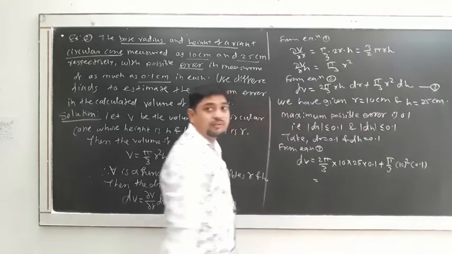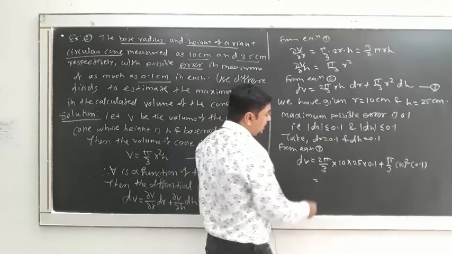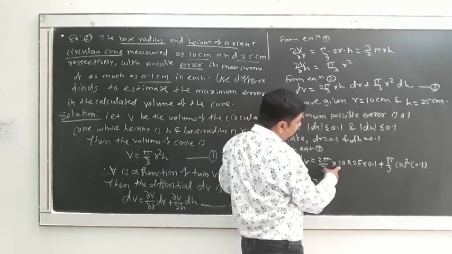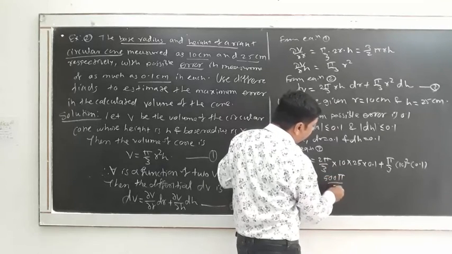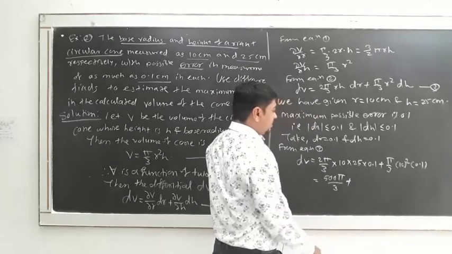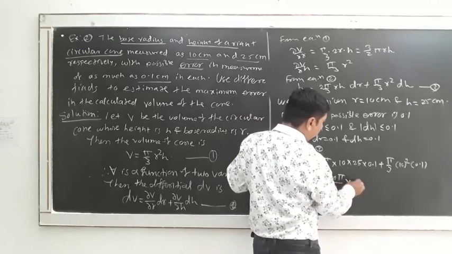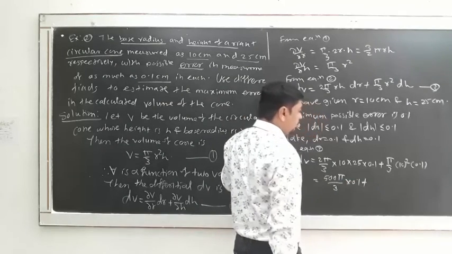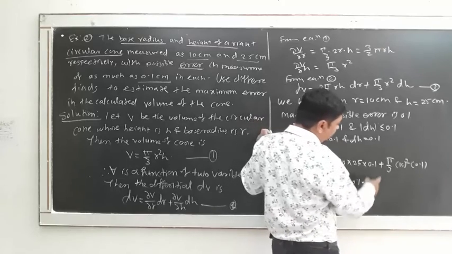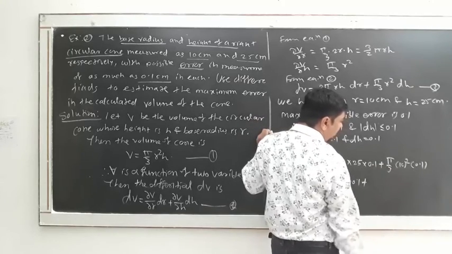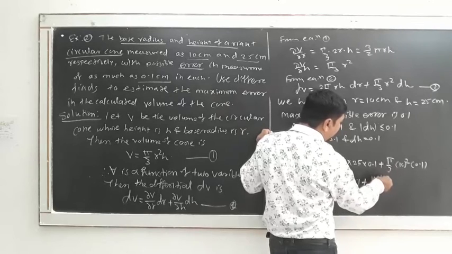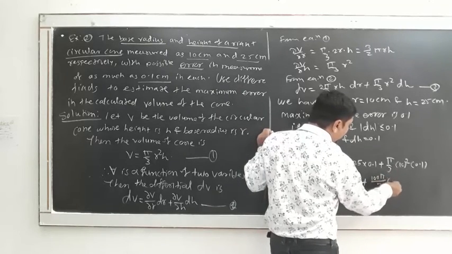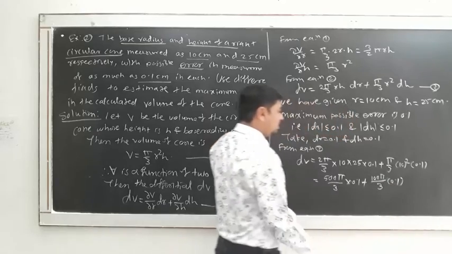Simplifying, 25 tens are 250, twos are 500, so 500 pi by 3 into 0.1, plus pi by 3 into 10 square, that is 100 pi by 3 into 0.1.